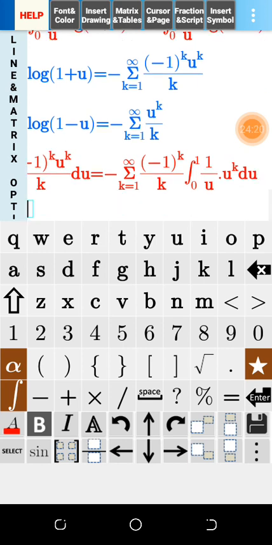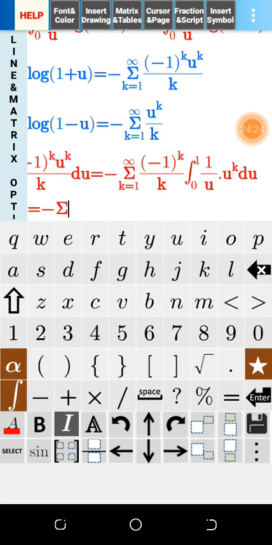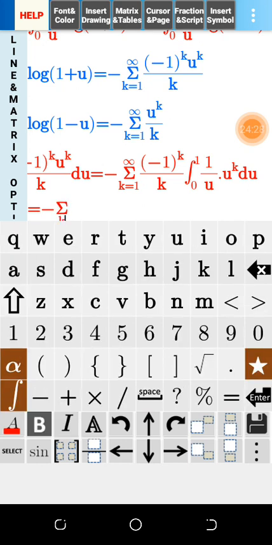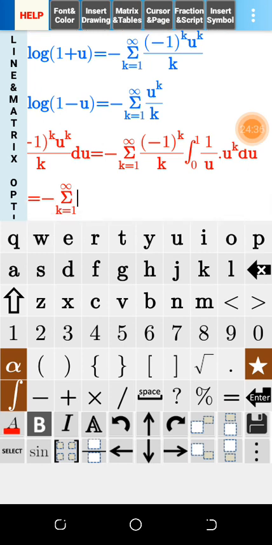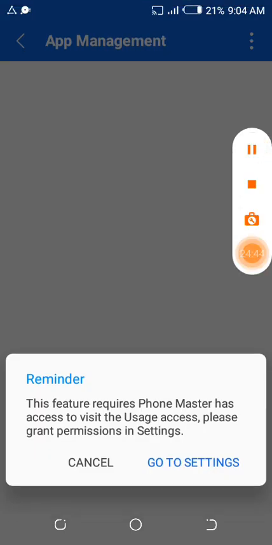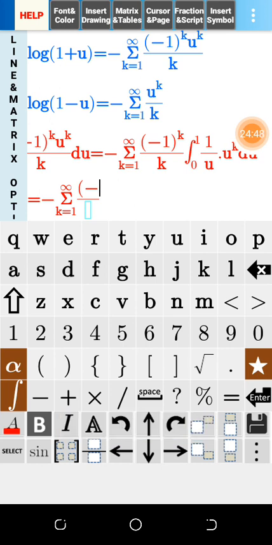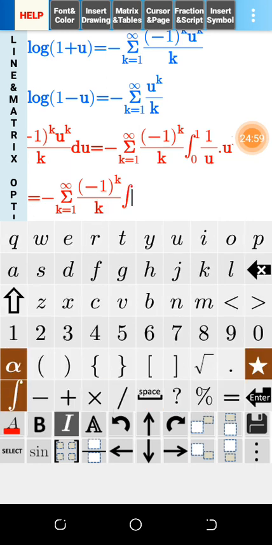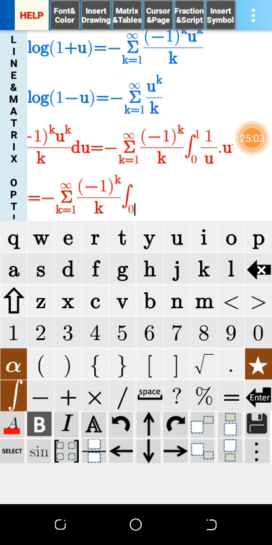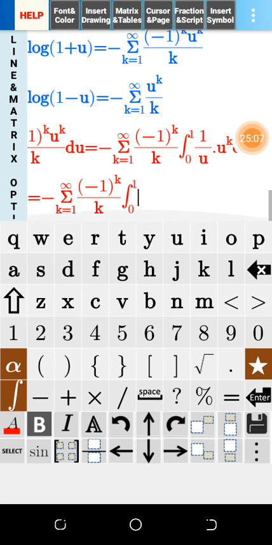This is now equal to minus the sum of k starting from 1 till infinity of (minus 1) raised to the power of k over k, the integral starting from 0 to 1 of u raised to the power of k over u, which will give us what? u raised to the power of k minus 1, law of indices.